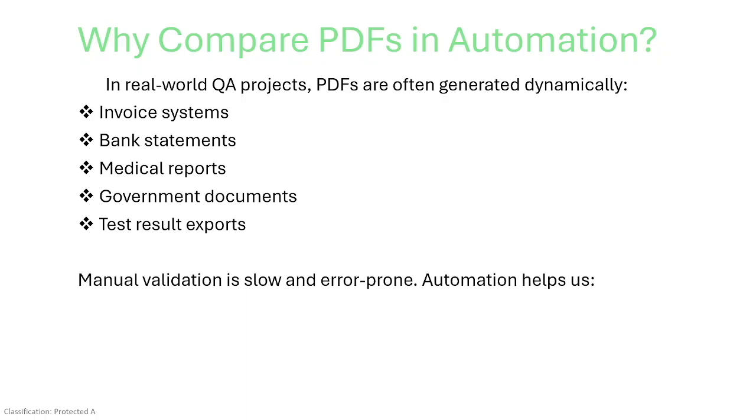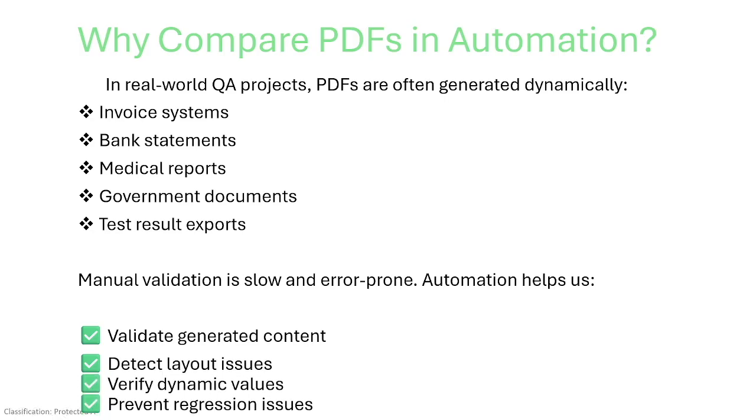Manual validation is slow and error-prone. Automation can help us validate generated content, detect layout issues, verify dynamic values, and prevent regression issues.